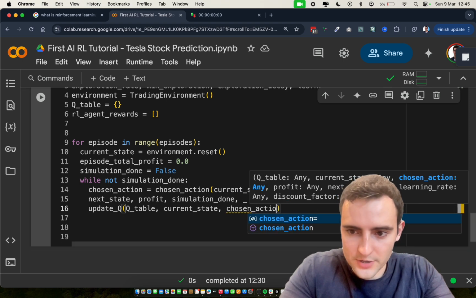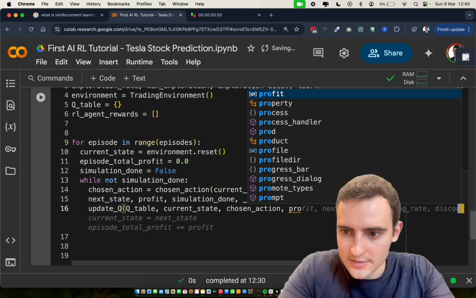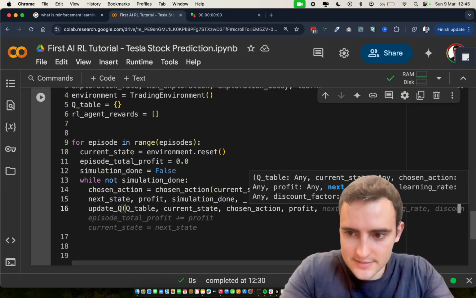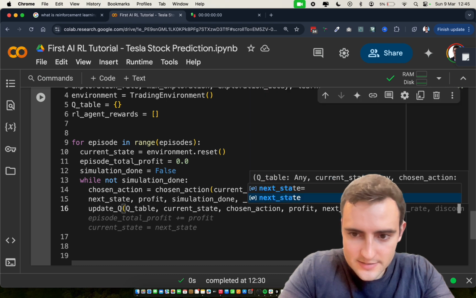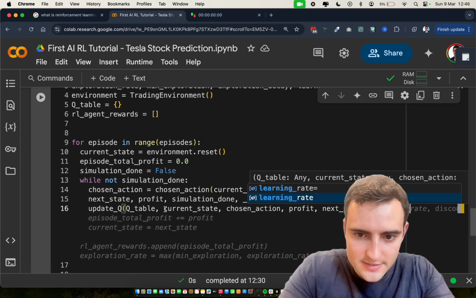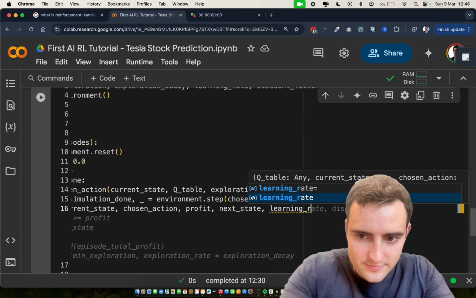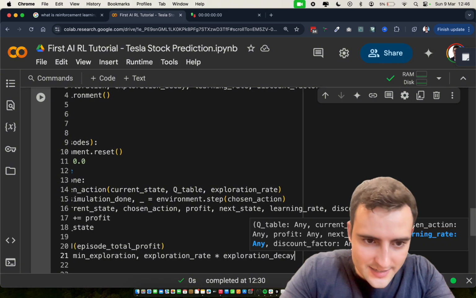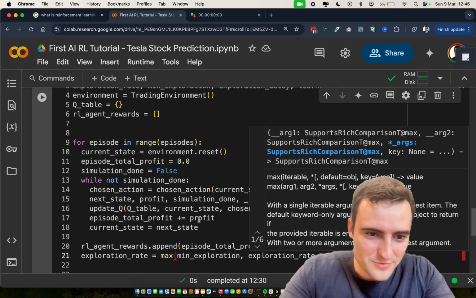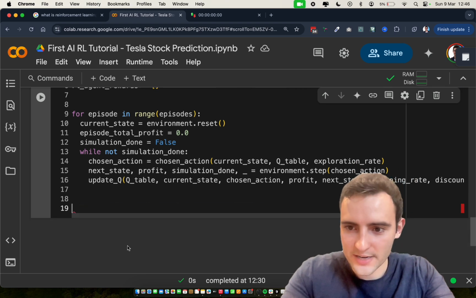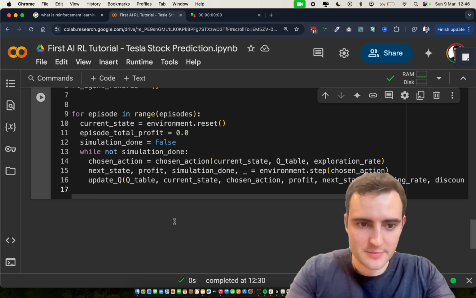We then do profit, next state, learning rate, and discount factor. And there we go. That's all we have to put there. Here it's gotten ahead of me with the autocomplete, but here we have update_Q, right? And so it's updated the knowledge table.